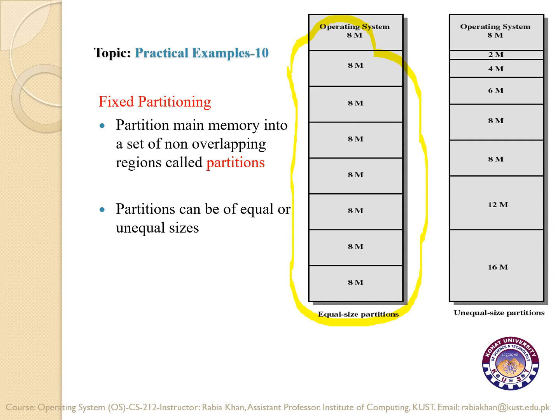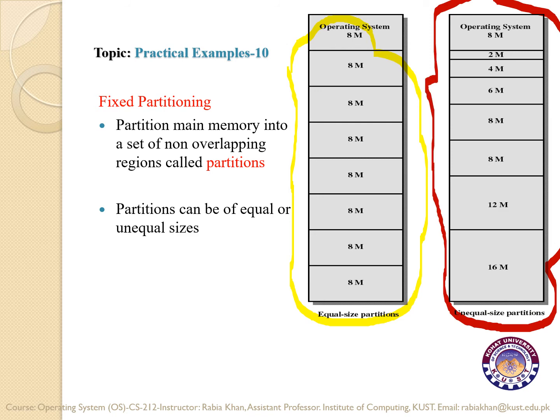But on the other hand, if the blocks are of unequal sizes, as you can see in this image, all the blocks are not of equal sizes, so this is known as unequal sized fixed partitions.